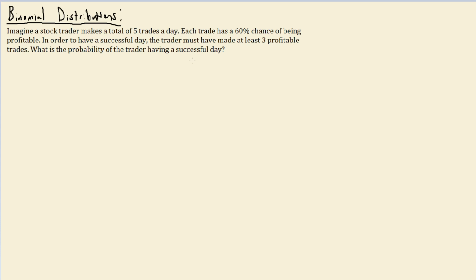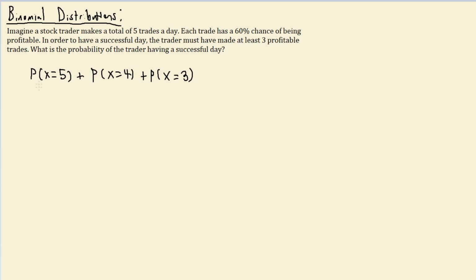The same with 1, and then obviously the same with 0. So we want to figure out the probability of the trader having 5 successful trades, plus the probability of having 4 successful trades, plus the probability of having 3 successful trades. This is going to be the answer to our question. It's the sum of these probabilities.